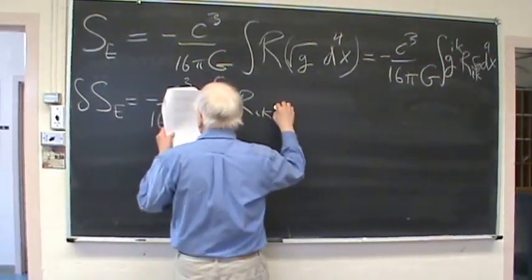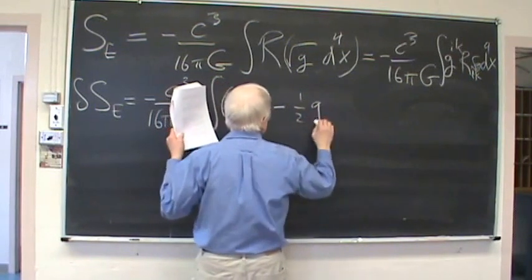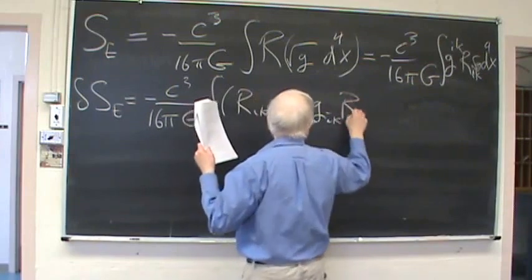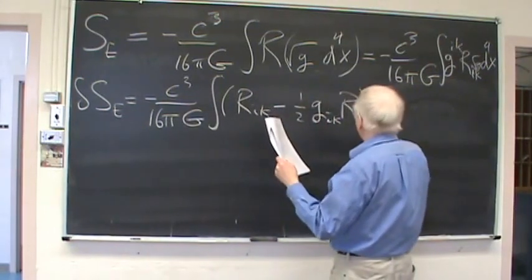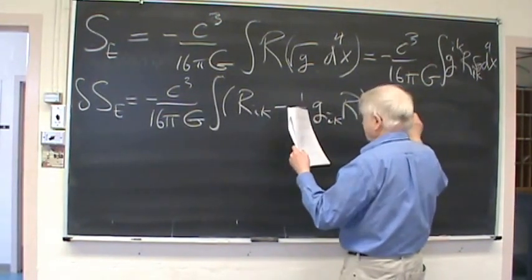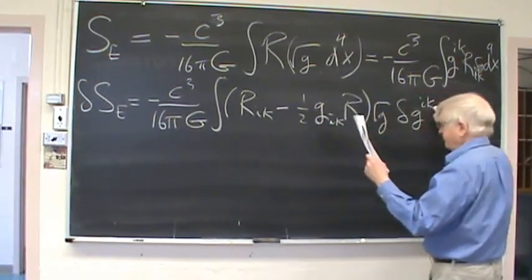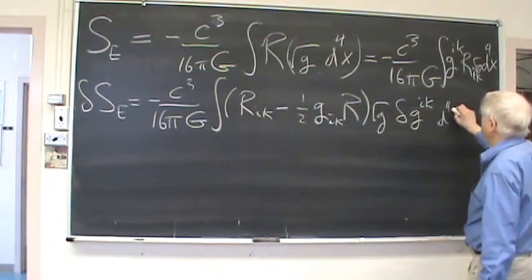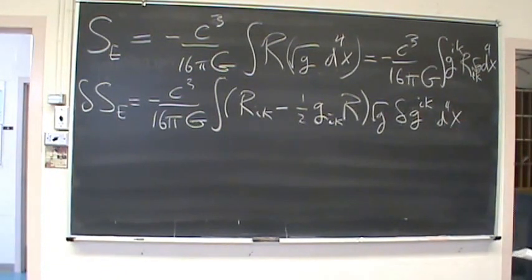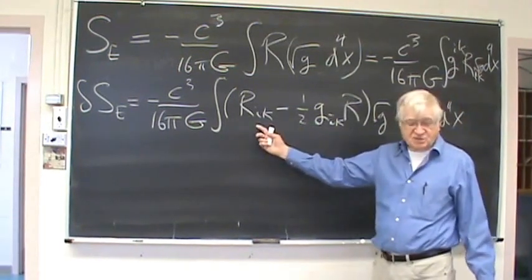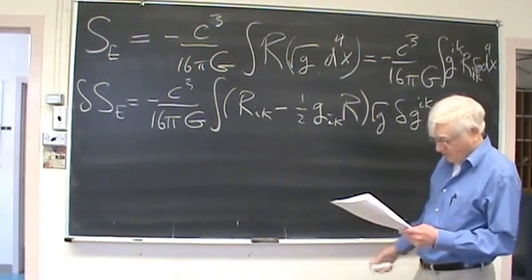And then the rest of it is minus a half Gik R, and then square root of g, variation of G upper ik d fourth x. So it's a variation here of upper ik. And so this, of course, gives us the equation that what's in here is 0.